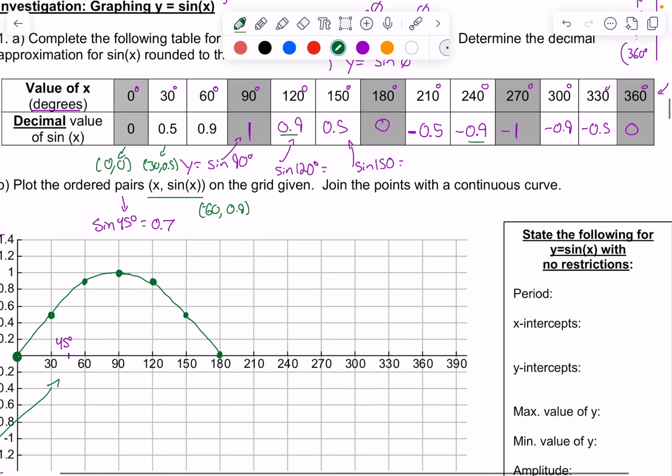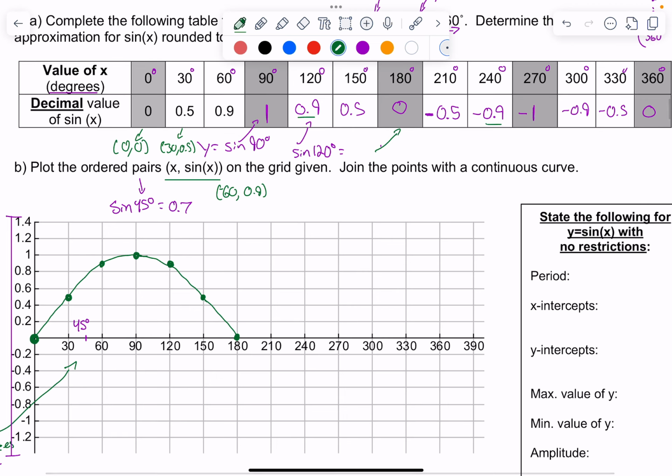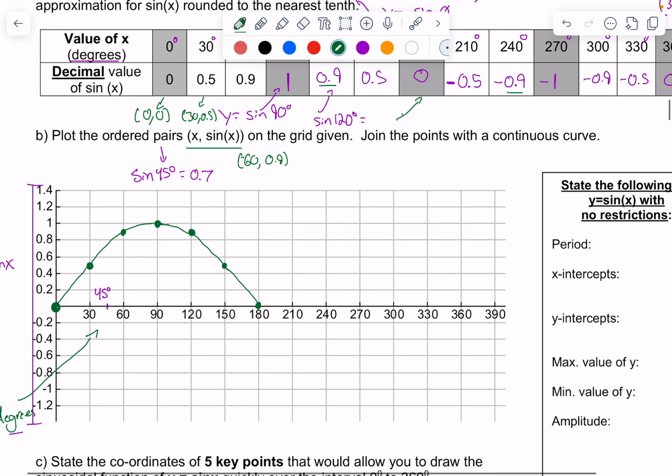The last point we plotted was this one, the 180 and 0. So let's keep going. Next one is 210 degrees. So 210 degrees is right here, and then negative 0.5. So 210, negative 0.5. That puts us right here. 240 and negative 0.9. That's right here. 270 and negative 1.